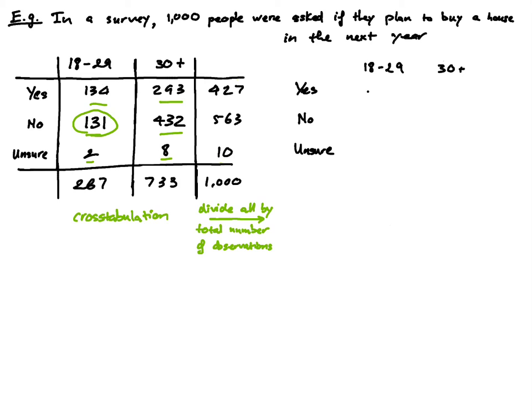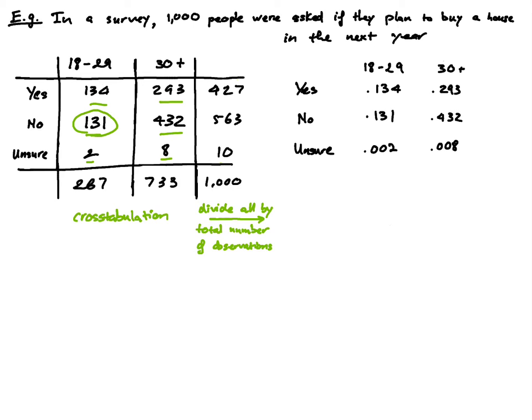So you end up with 0.134, 0.131 here, and then 0.002. Then you have 0.293, 0.432, and then 0.008.